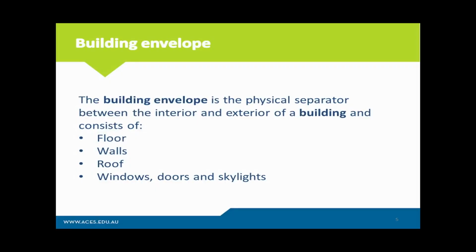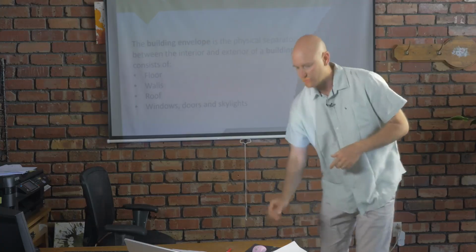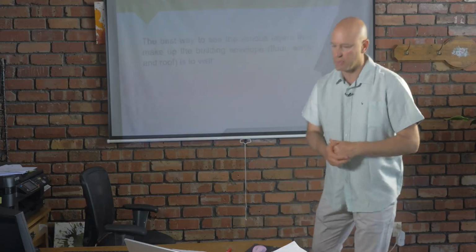So yes, this is what we're talking about in terms of the envelope. It consists of a floor that goes on the ground level, the walls which protect you on all sides, and then the roof. And then the windows, doors and skylights also, you can cut holes into that envelope and you get windows, doors and skylights. So I think that's self-explanatory.